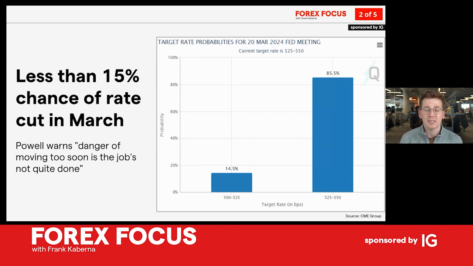These odds slipped even further after the recent interview on 60 Minutes with Fed Chair Powell, saying that the danger of moving too soon is that the job's not quite done yet. Again, tipping his hand that we're not really ready to move lower in interest rates, especially given the outperformance the US is seeing on employment numbers, inflation numbers, GDP numbers, on so many data points.